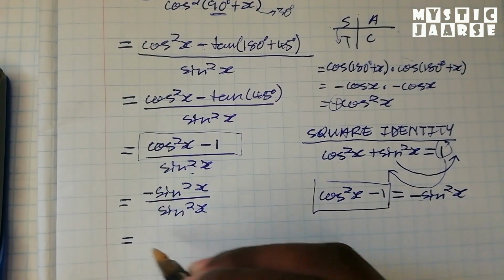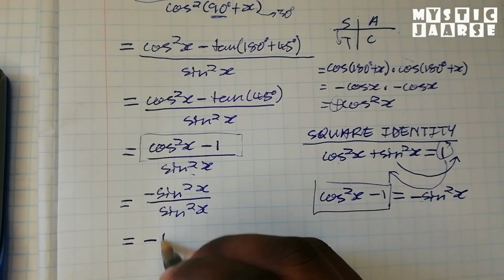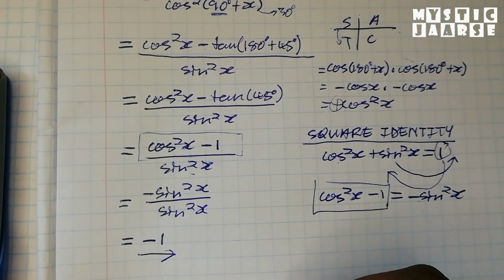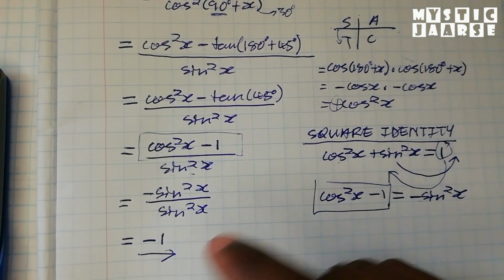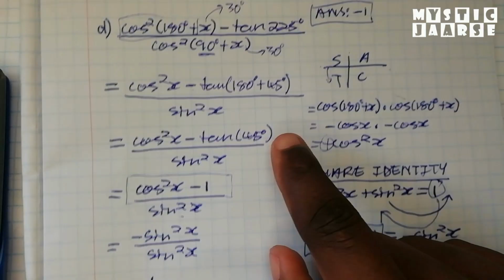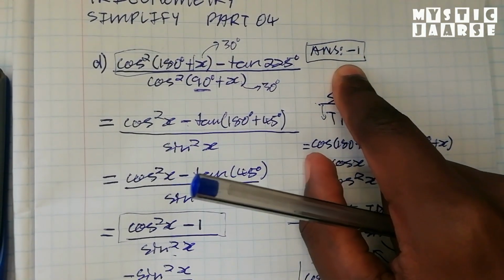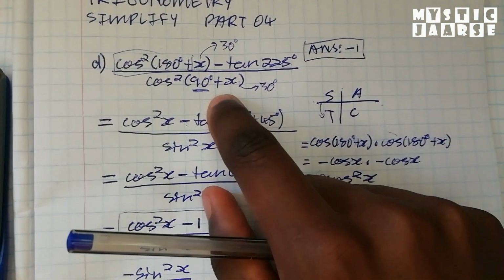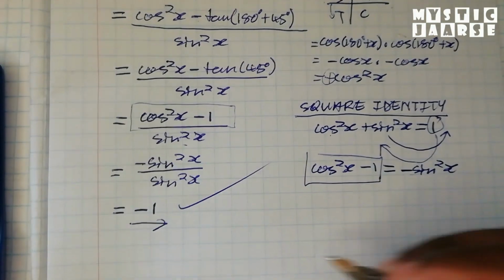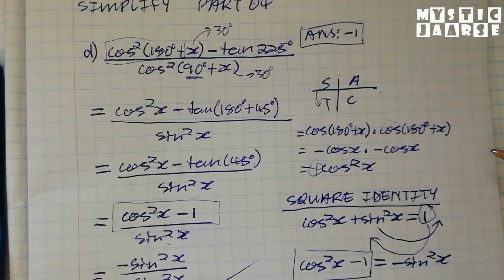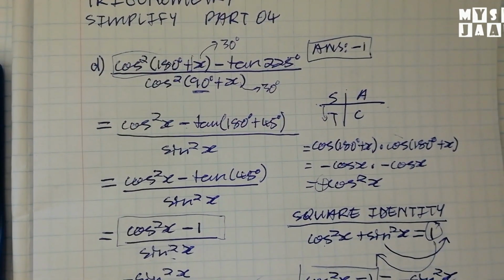Now this, we can tell it is equal to negative 1. I know that this is 100% correct because I checked it before I attempted to simplify this. So we know we got our full 7 marks or 6 marks. I don't know the mark allocation, but yeah.